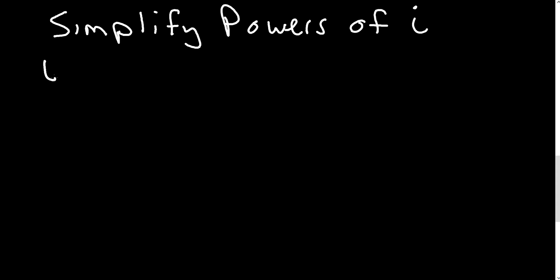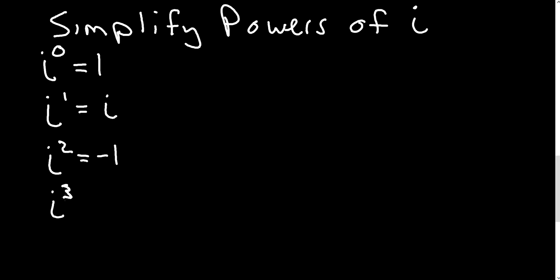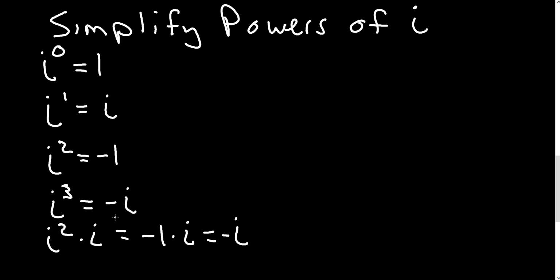So i to the 0 power equals 1, i to the first power equals i, i to the second power is negative 1, and i to the third power equals negative i. Just so you break that down, it's i squared times i is i to the third, and this i squared is negative 1 times i, which is negative i. That's how we come up with that.